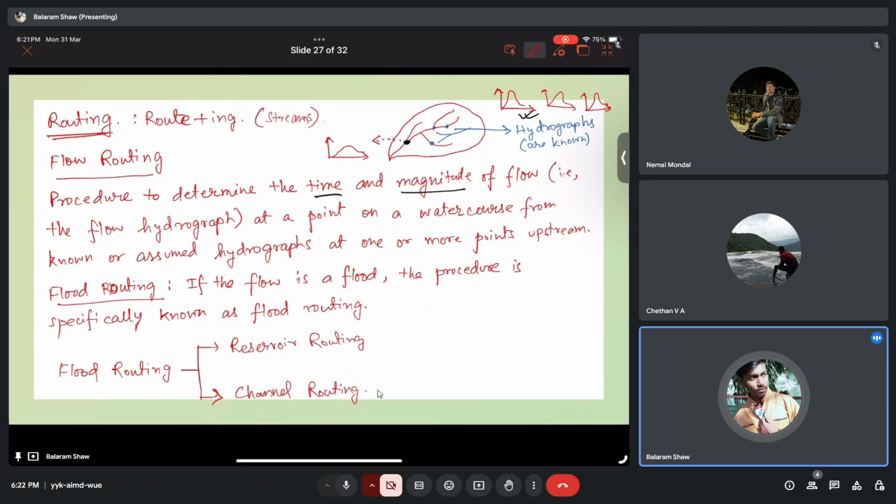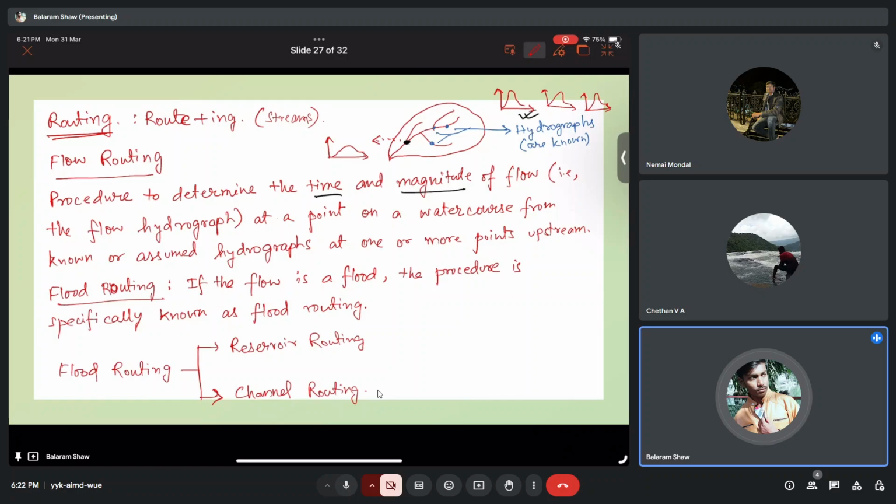In reservoir routing, we study how the flood waters propagate through a reservoir or any structure such as a dam. Mostly we talk about reservoir routing when we have a large water body, maybe a dam or reservoir.